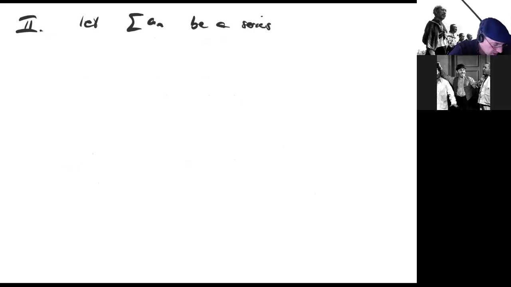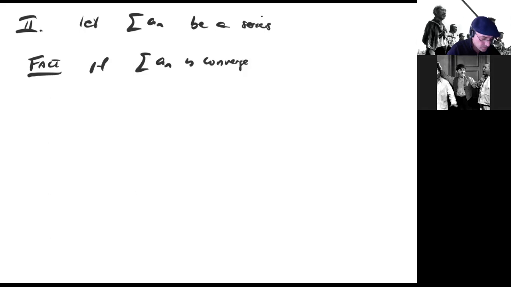Here is a fact, or you can call it an assertion or a proposition: if sigma a sub n is convergent, then the limit as n goes to infinity of a sub n must always be 0. That is the nth term of the series, and that limit as n goes to infinity must be 0.